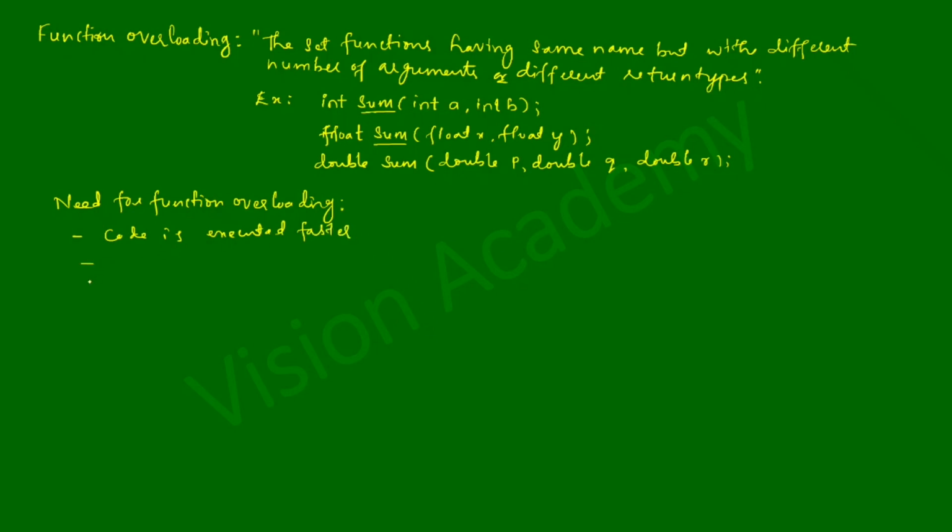Next, second need is it is easier to understand the flow of information and debug. So what is the meaning of this? It is easy to understand as we are performing the similar type of operation on different types of data, and debugging is also easier.